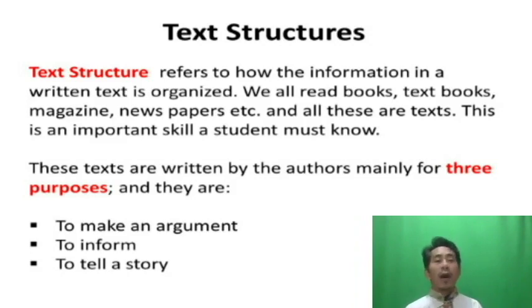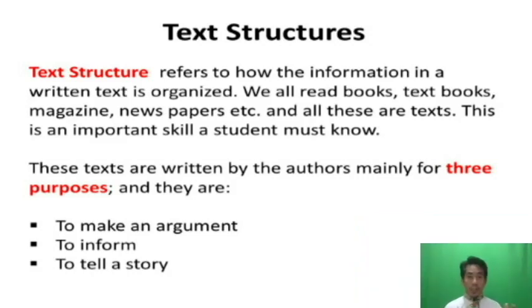Now, these texts are written by the authors mainly for three purposes. First, to make an argument, second, to inform, and third, to tell a story. So these are the three purposes.